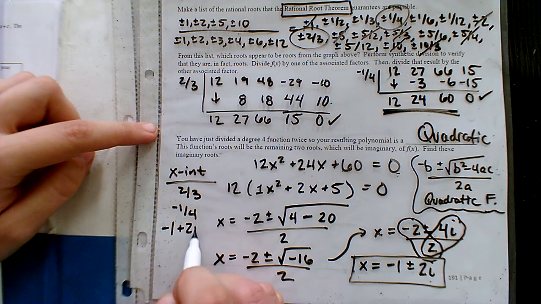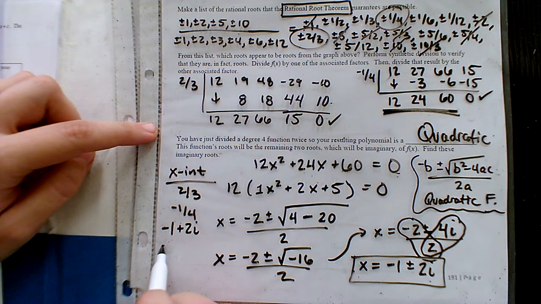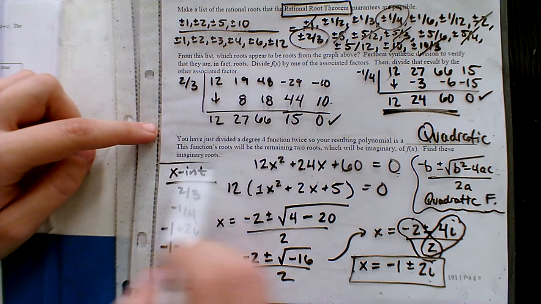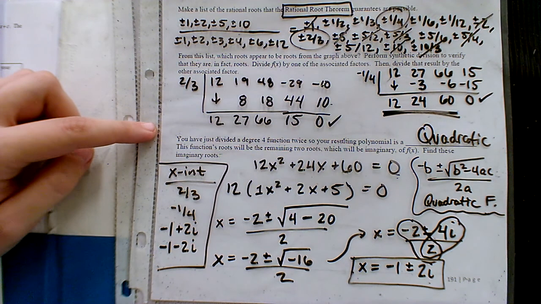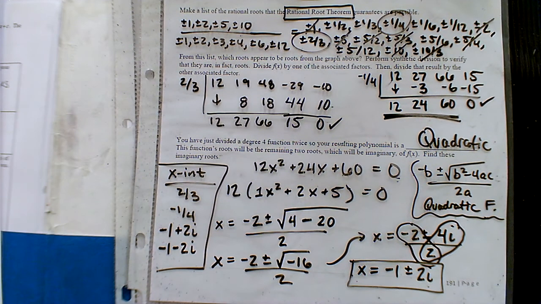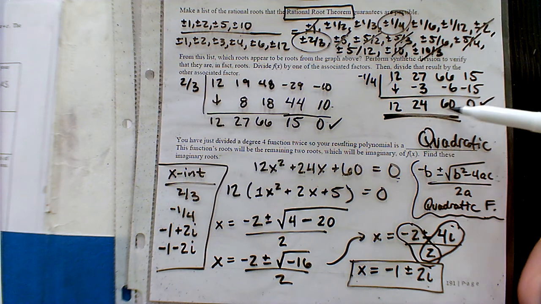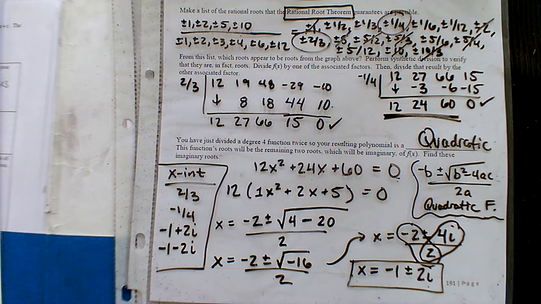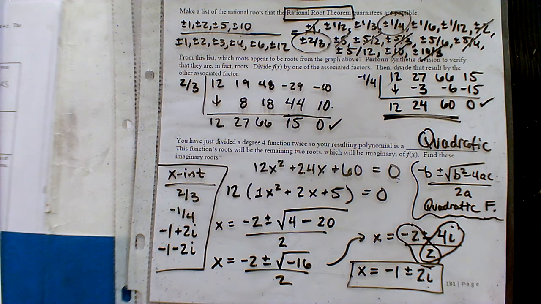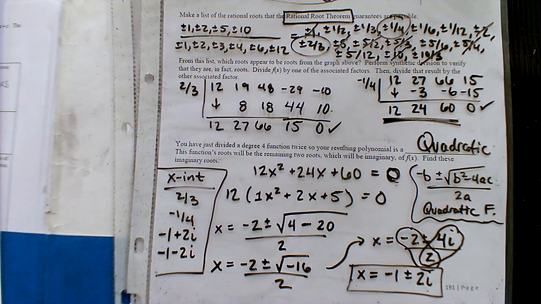So we'll have negative 1 plus 2i, and the other one would be negative 1 minus 2i. Notice how they show up in pairs. Depending on what your resulting equation looks like, we can simply solve it, like the first two examples, but since this one was quadratic, factoring and the quadratic formula are up for grabs, because there are different techniques to solve when it's 0.